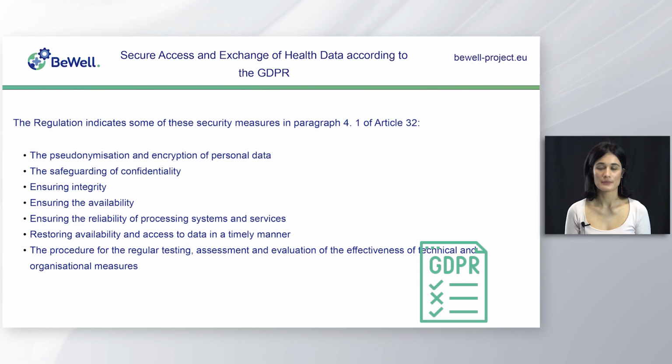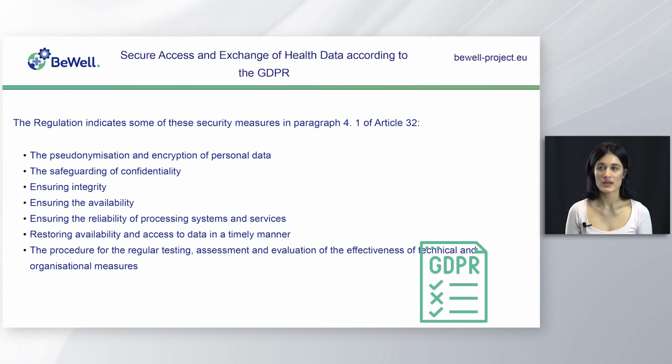These measures are: 1. The pseudonymization and encryption of personal data, where the data in principle loses the link to a data subject and therefore ceases to constitute personal data and falls within the protective scope of the regulation.